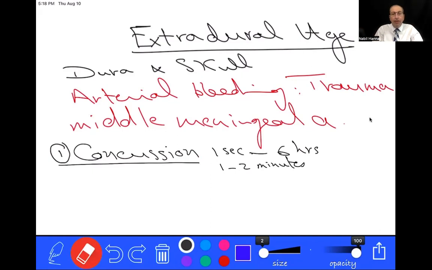After that, the patient regains consciousness. So the first initial loss of consciousness is because of concussion, and then the patient regains consciousness and remains conscious for an interval of time known as the lucid interval.